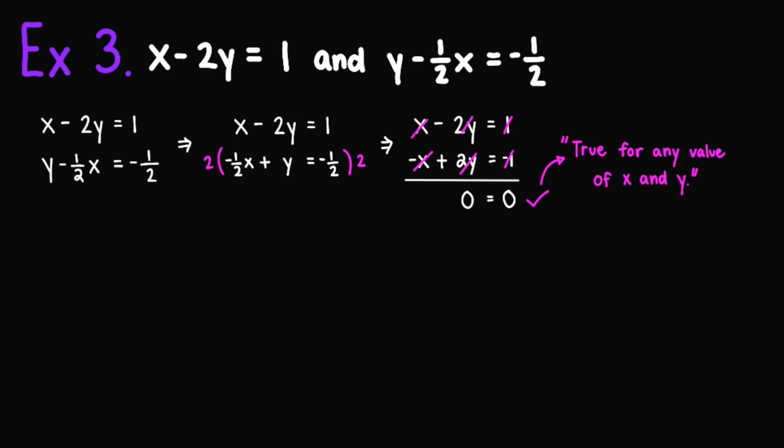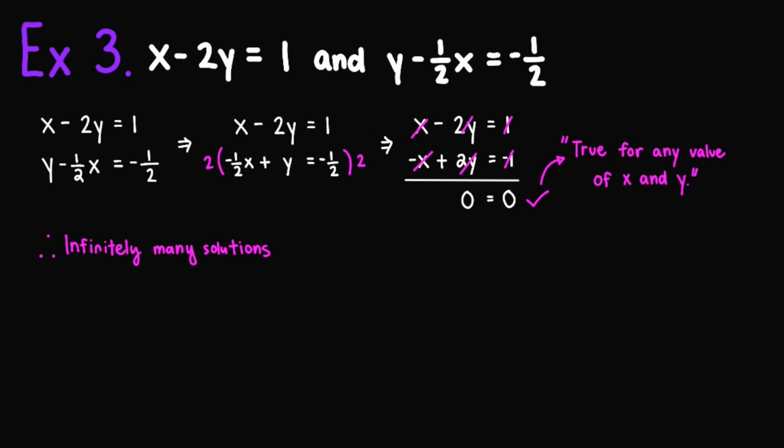So that means that the answer for this one is infinitely many solutions. And when does that happen? What can you observe in these two equations? These two equations are actually the same. Upon certain manipulations, you'll see that these two equations are the same.